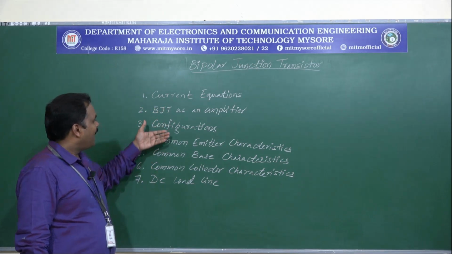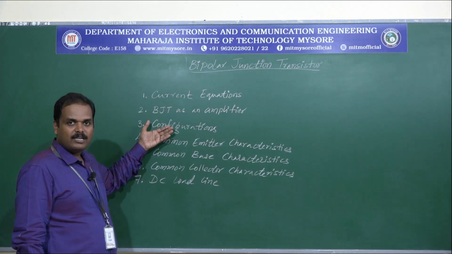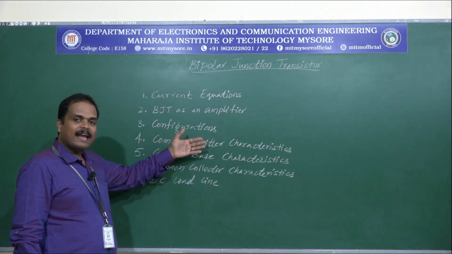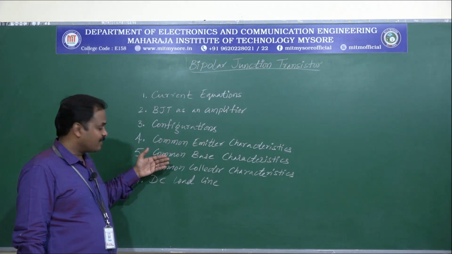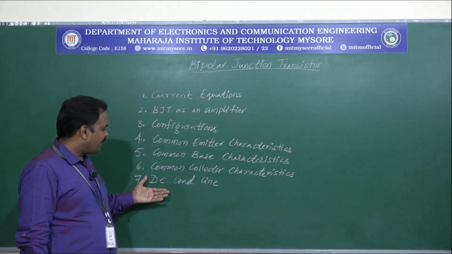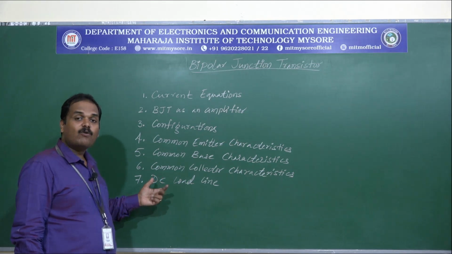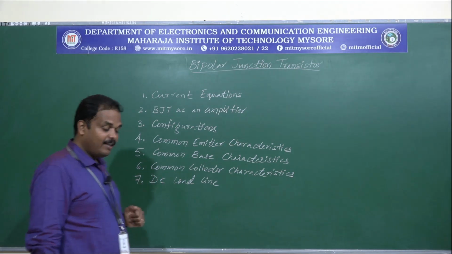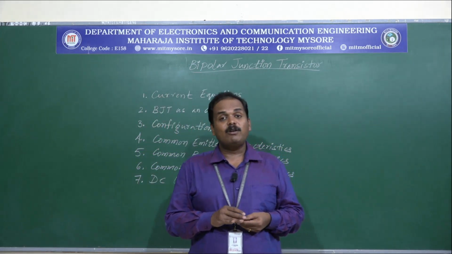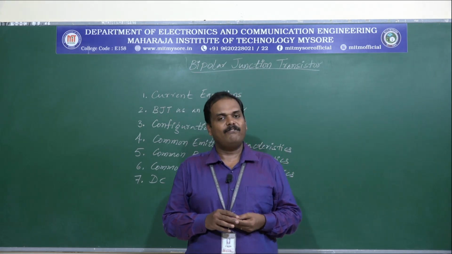We will understand the different configurations associated with a BJT, and the common emitter characteristics, common base characteristics and common collector characteristics of a BJT, and then what is the DC load line with respect to a transistor and how to construct the DC load line for a transistor. So these are the concepts we'll be discussing in the following series of videos.